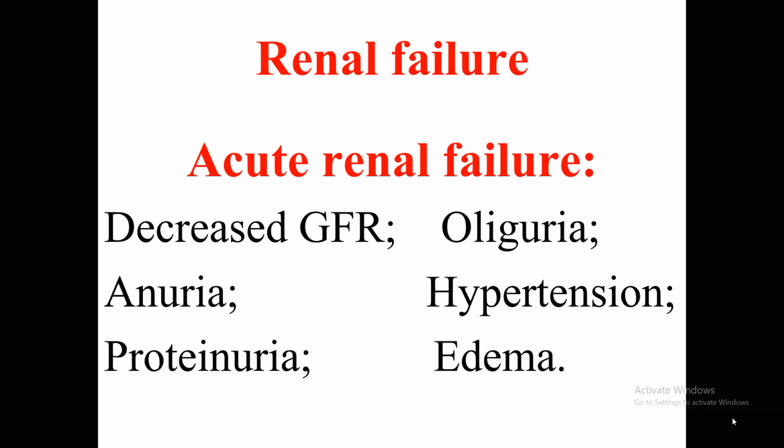Oliguria is the major sign, and laboratory findings give evidence for azotemia and retention of nitrogen products, urea and creatinine. The increased ratio of blood urea nitrogen to serum creatinine is among the earliest manifestations of the acute renal failure.